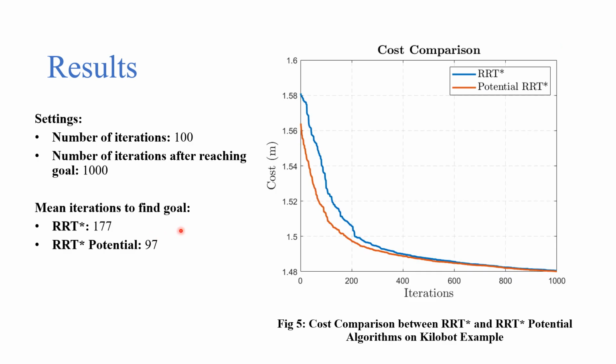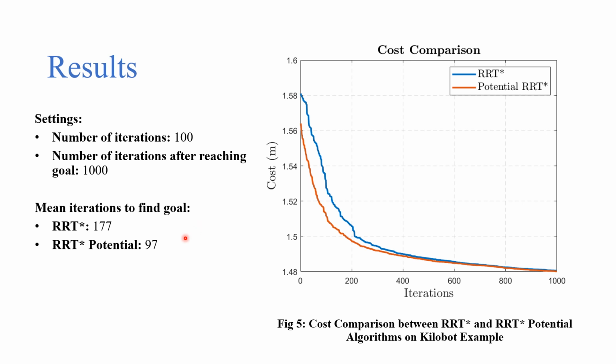Now here we show this comparison. Now, as usual, since both algorithms depend on random sampling, we can't just arbitrarily compare two trials on this path planning problem. We're going to use different trials and just average the costs over all of those trials.